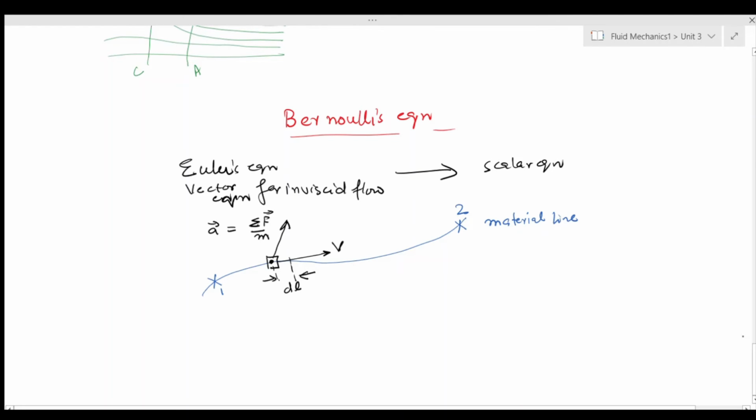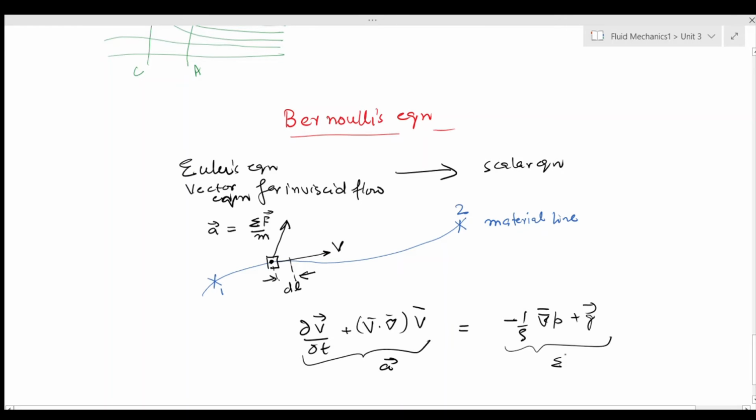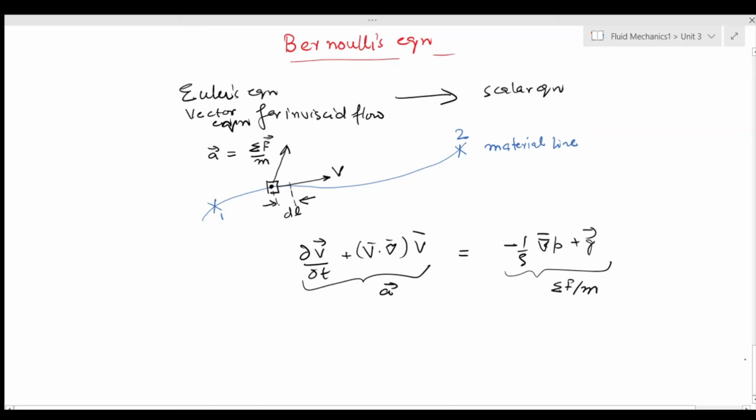Now this equation is nothing but F equal to ma, and for an inviscid flow this is our Euler's equation: del V by del t plus V dot del V, this vector equation, is nothing but this a, and this is equal to minus 1 by rho del P plus g, and this part is nothing but the summation of F by m.